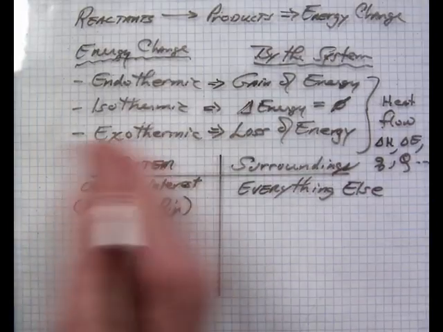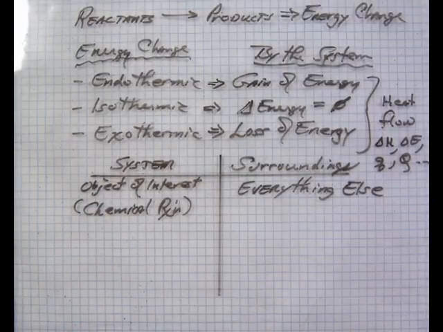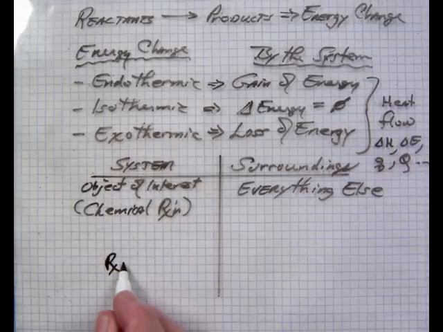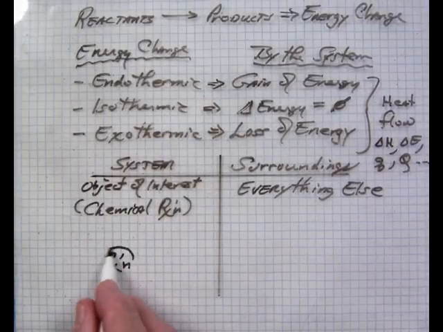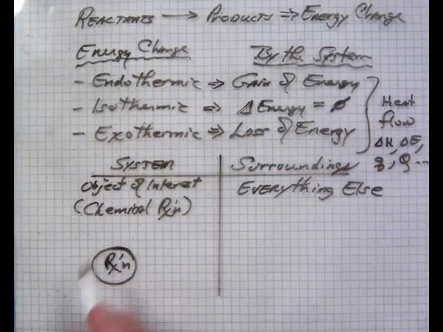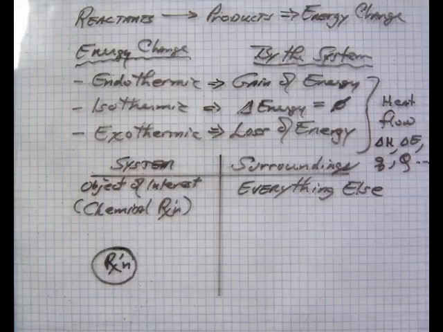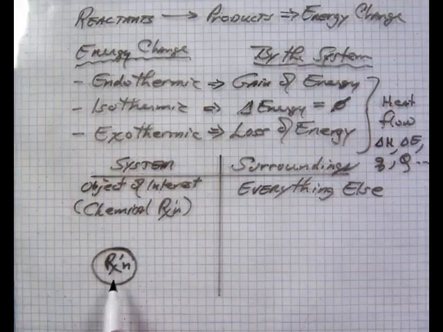If we are observing a chemical reaction, that reaction is a system within itself, including the reactant side and the product side. Not just the reactants, not just the products, but the whole thing is the idea. Now, this can do one of two things.